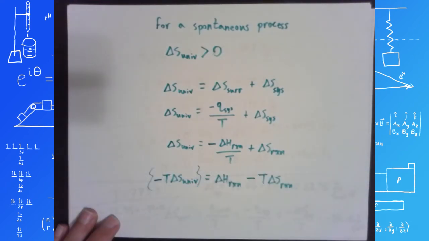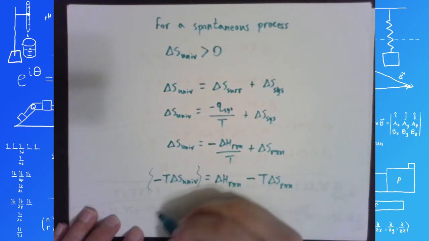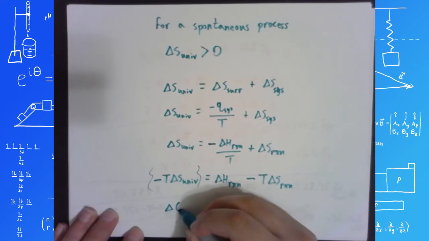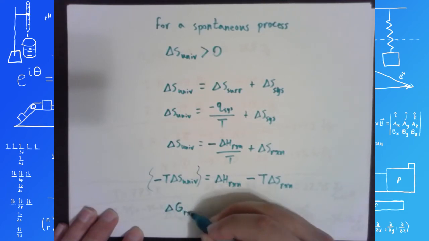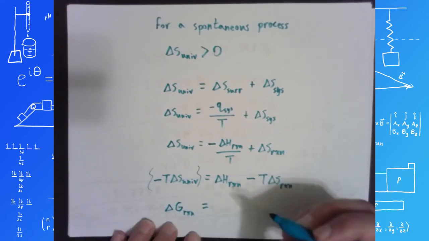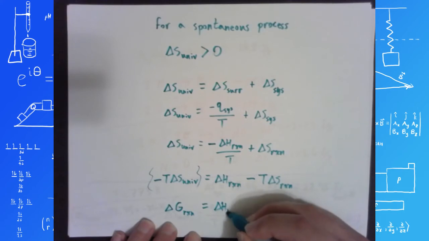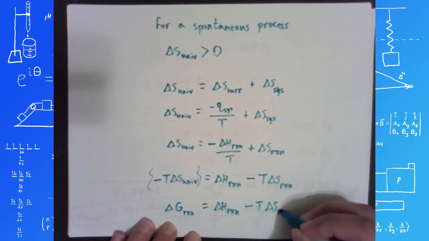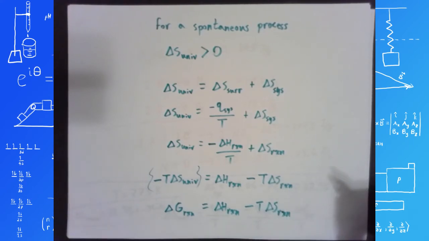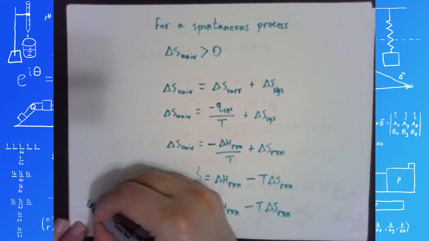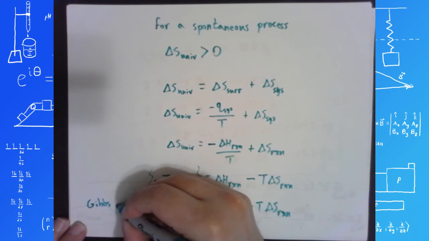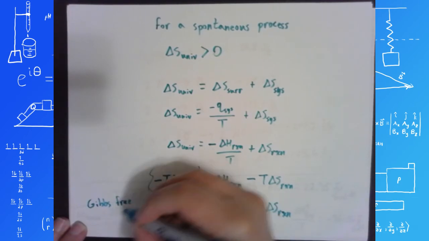This is what we call the Gibbs free energy, so we relabel it: delta G of the reaction is equal to delta H of reaction minus T delta S of reaction. So that's the Gibbs free energy, or just free energy if you prefer.